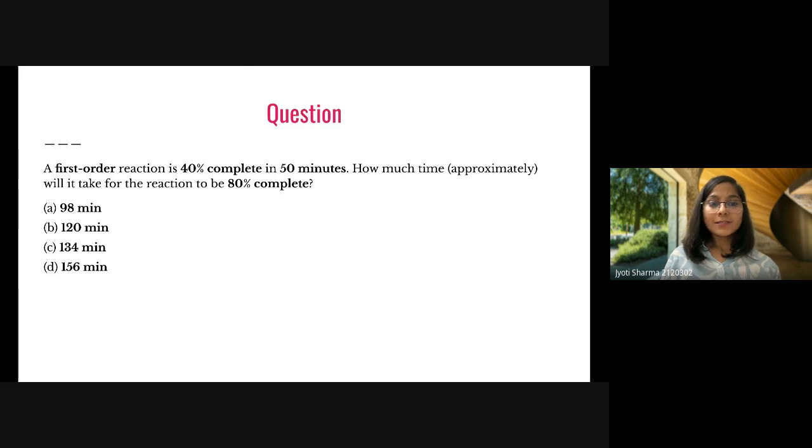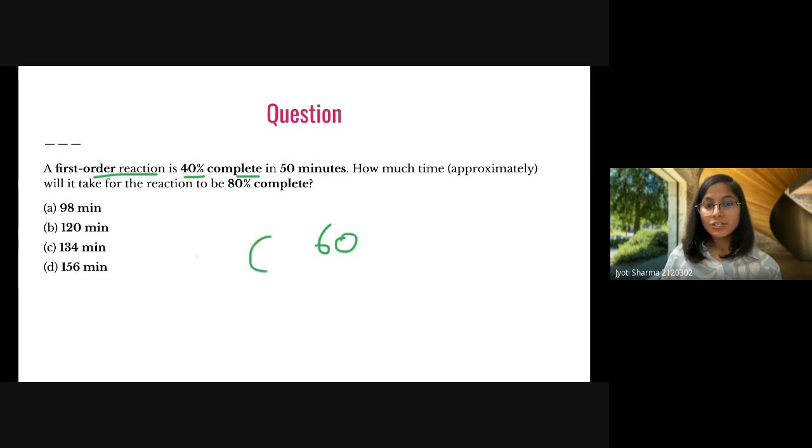Again, this is a first order reaction. Most reactions are first order, so most of your questions are based on first order only. The question is: a first order reaction is 40% complete, which means 60% is remaining.